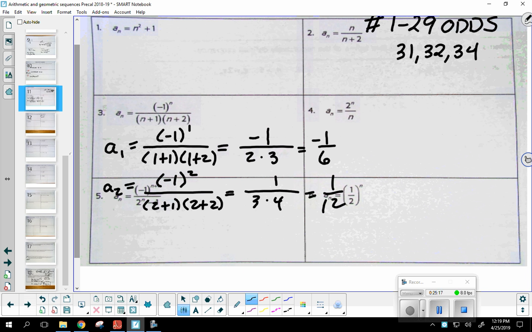Okay. Did anybody want to come on up and continue that problem? This one right here. All you're doing is plugging it in and just simplifying, yeah? Sure.